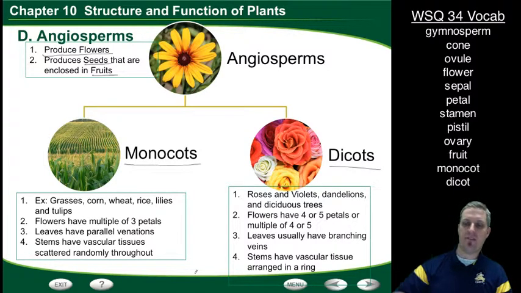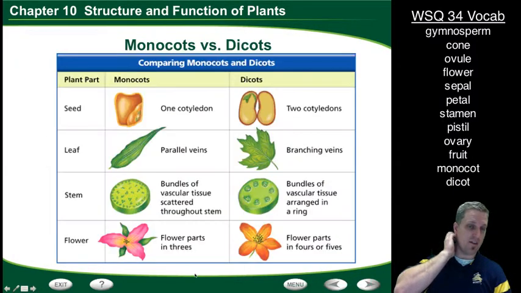And they have stems that have vascular tissue arranged in a ring as opposed to being randomly throughout. So monocots and dicots, we can actually see the variation by counting the petals on a flower, by looking at their leaf venation, and even cutting a stem open and looking at the way that their vascular tissue is arranged can help us to identify and classify dicots and monocots.